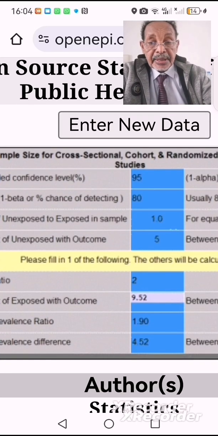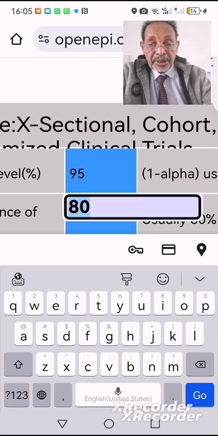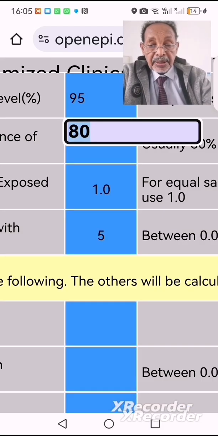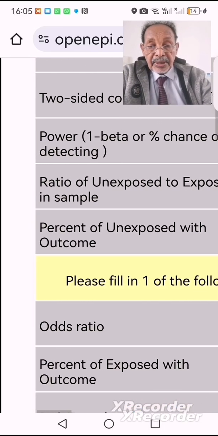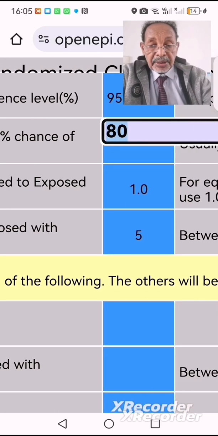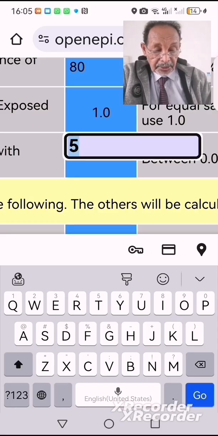Here we have to enter new data. The confidence interval, as usual, 95, and the statistical power 80, and the group ratio 1 to 1, and the proportion of unexposed, that is the normal routine dressing, let us say it will be equivalent to 45.